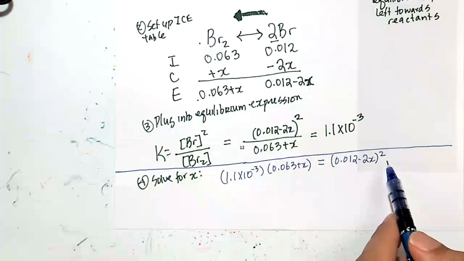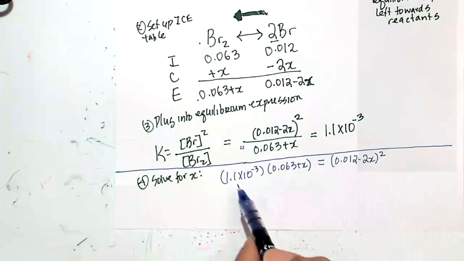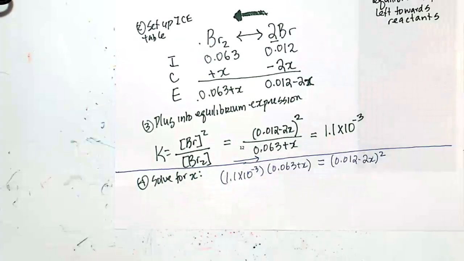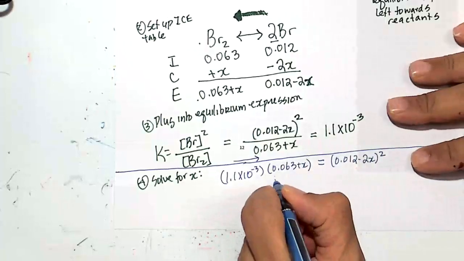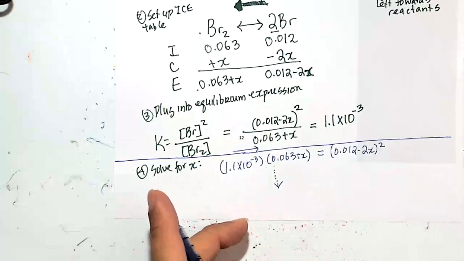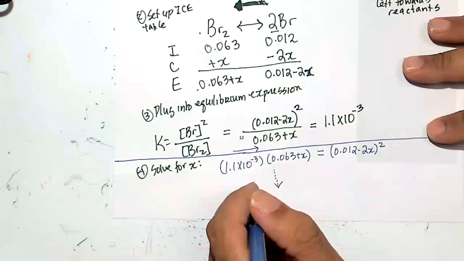Okay, I'm going to expand this. A minus b whole squared is a squared minus 2ab plus b squared. I'm going to use the distributive property on this, and then ultimately, we'll just skip a bunch of steps here. I'm going to get it into quadratic form.